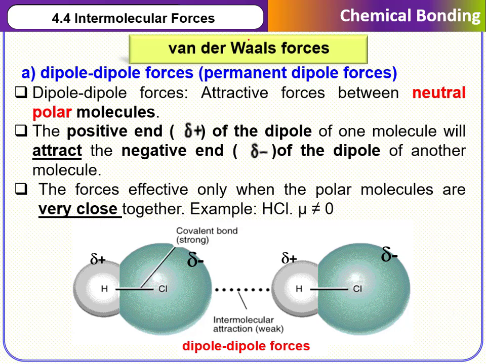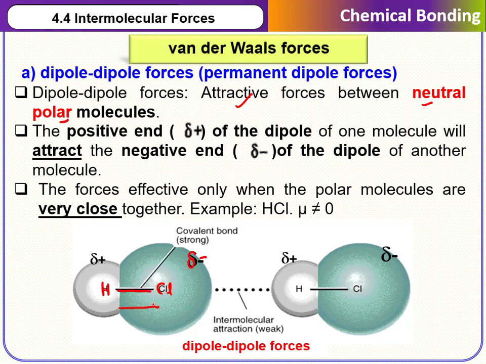Dipole-dipole forces exist between neutral polar molecules. It is an attractive force that exists between these neutral polar molecules. So HCl is an example of a neutral polar molecule. We know that chlorine is more electronegative than hydrogen, right?